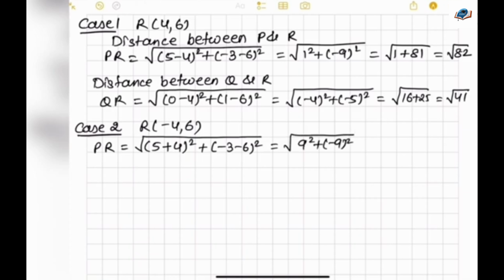So that will be 9 square plus (-9) square. So that is root of 81 plus 81. So that will be 9 root 2.